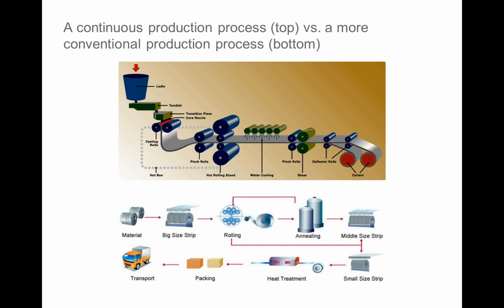You do other processing, and you get smaller size strip. You may do some heat treatments or cleaning. You do slitting and packing, and then transporting. So it's an involved process. Many of the big sheet mills that you would plate or strip from is the bottom process.